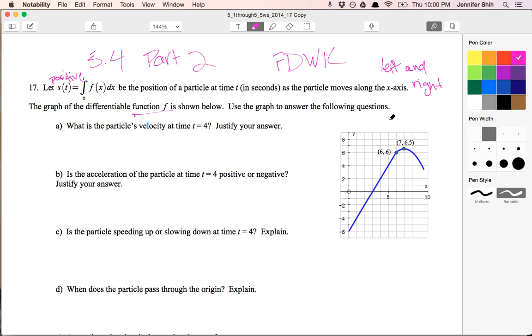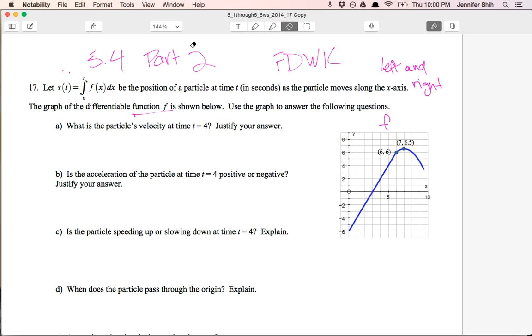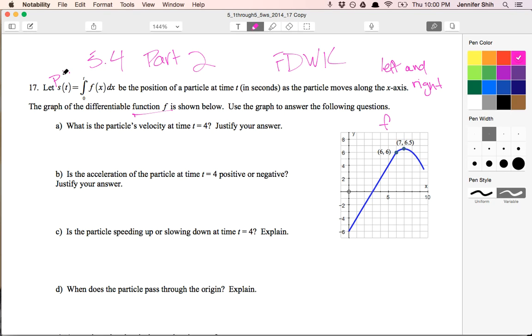The graph of f. So I'm going to label my graph f. Use the graph to answer the following questions. What is the particle's velocity at t is equal to 4? Justify your answer. So we need to find, I said position, but I meant position. This is the position function.